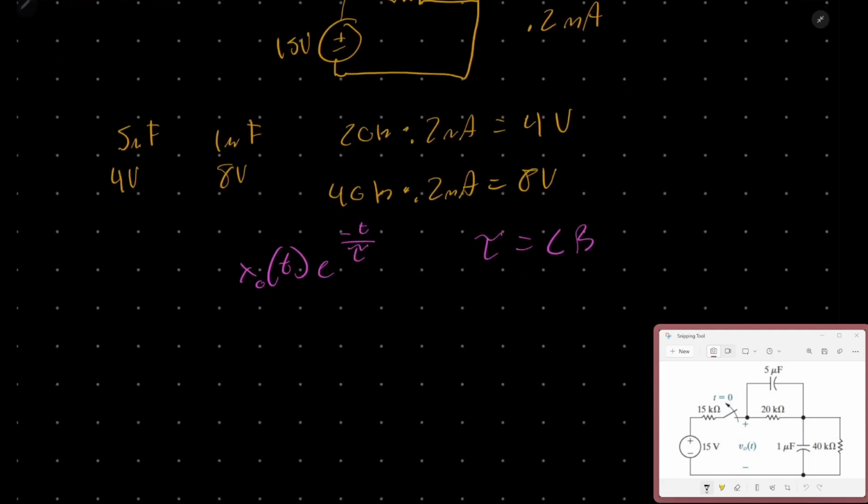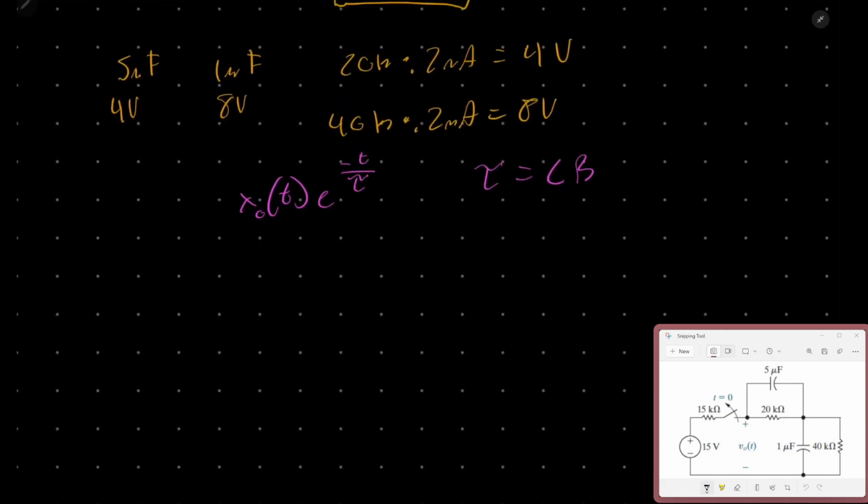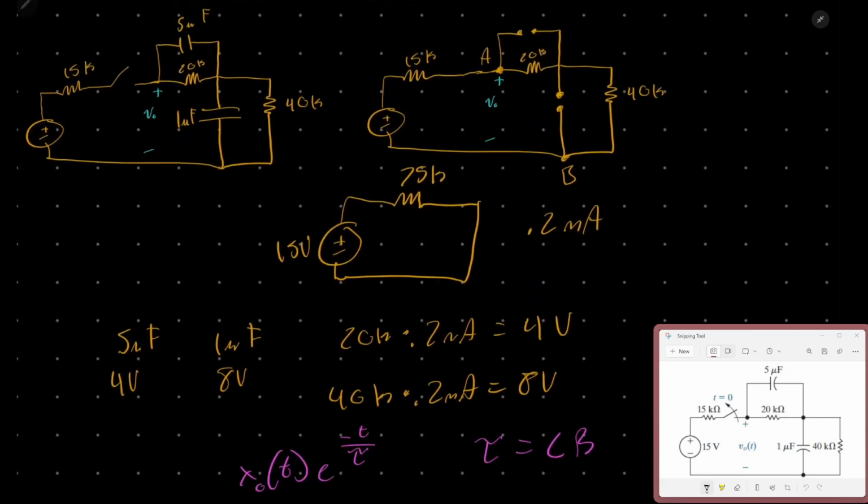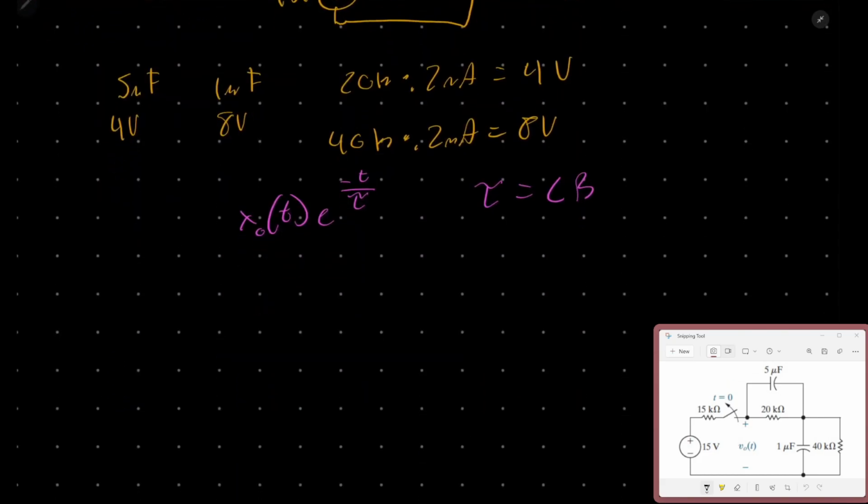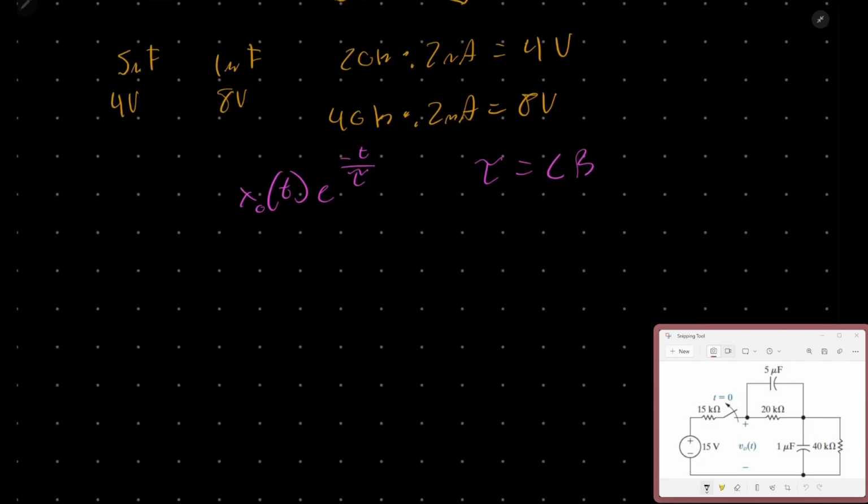Tau for the 5 microfarad capacitor is going to be 5 microfarads times 20 kilohms.